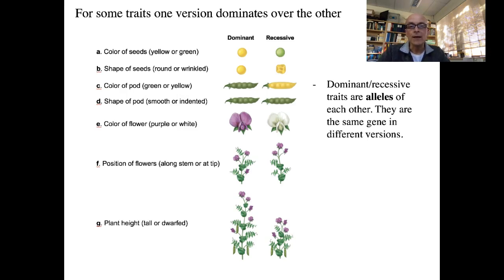While he must have been pretty smart and very diligent, he was also somewhat lucky in the choice of traits and the organism that he worked with, peas. The reason is that he just happened to find genes for which all of his observations worked.